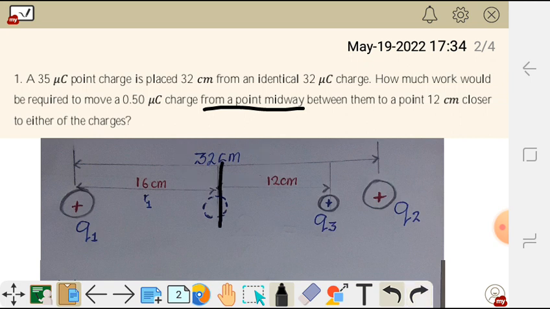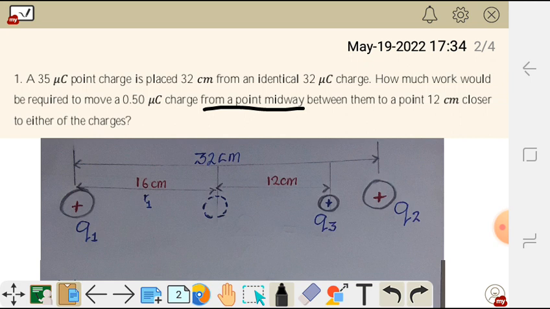From that point, the charge Q3 moves to a point 12 centimeters closer to either of the charges. They are requesting the work done in moving this charge from this point to that point. That is the diagram.